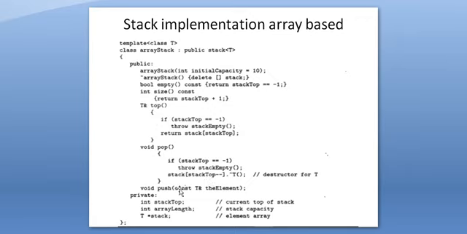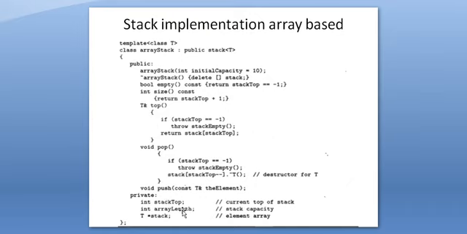The push function we will look at later, and here we are using 3 arguments: stack top, array length, and stack. So what is the stack top? Stack top is an integer, and we set it as -1 initially. Then it will be altered based on push or pop instruction.